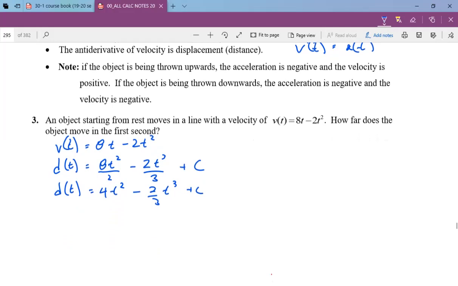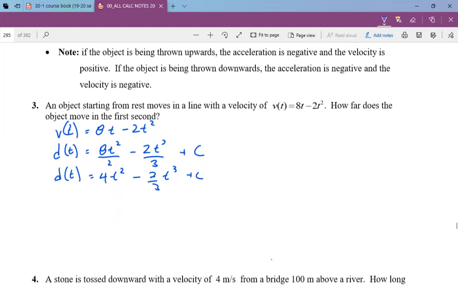Now we seem to be a little stuck, and we don't really know what to do from here. We are wanting to find what c is, but if we think about it, when time is equal to 0, what is our displacement? I think it's reasonable to conclude at t equal to 0, we haven't moved at all.